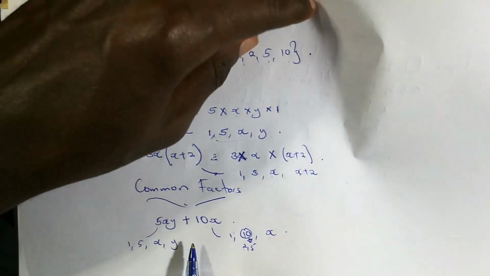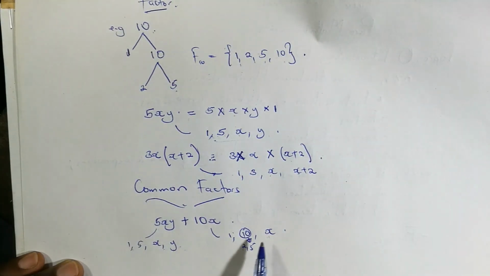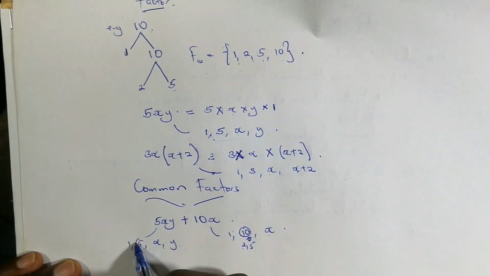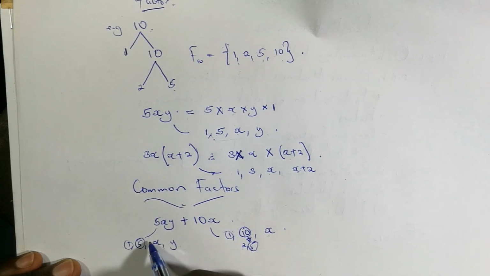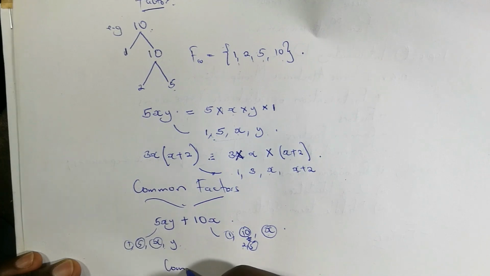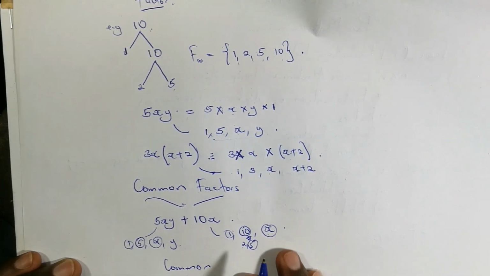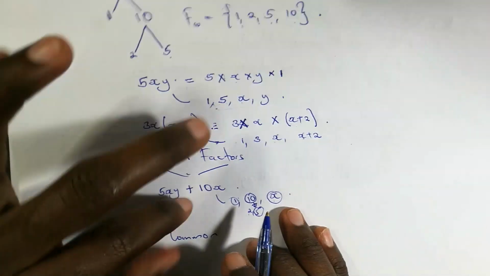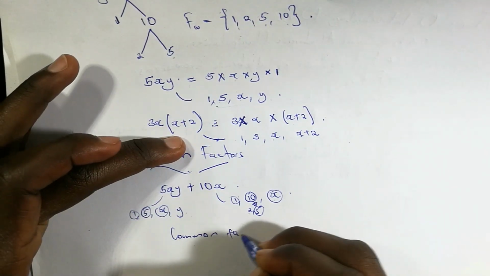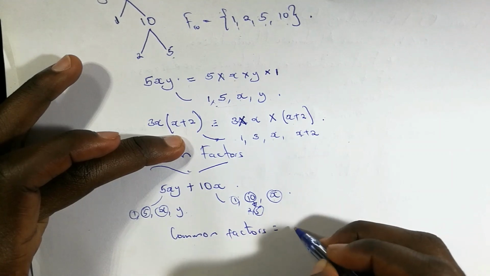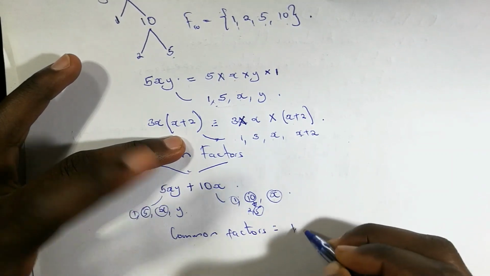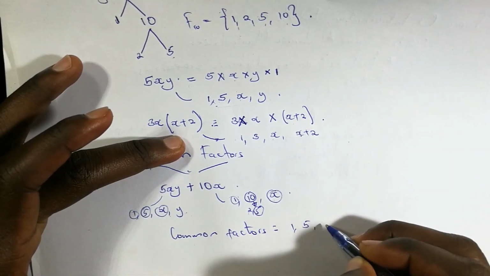For this case we are going to see the common factors. Here we have 5, here also 5, we have 1, here also 1, we have x here, there also x. So our common factors in this case are 1, 5 and x.